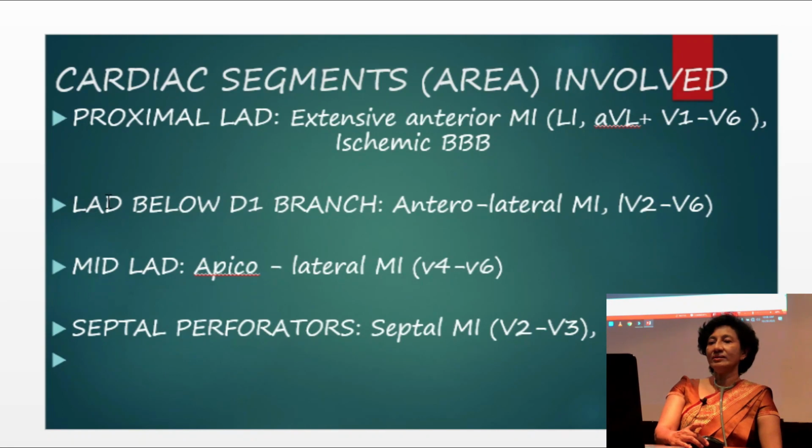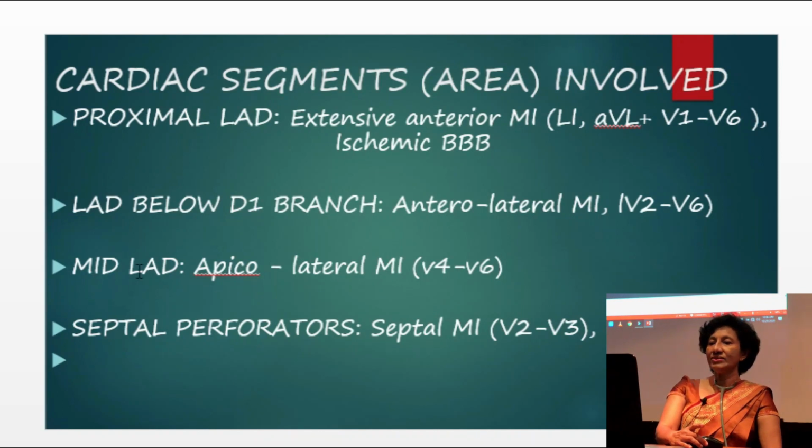If the occlusion of the LAD is below the D1 branch, then V2 to V6 will show abnormalities. So in that case, leads 1 and AVL are not included. So this is either called septo-apicolateral MI or anterolateral myocardial infarction.